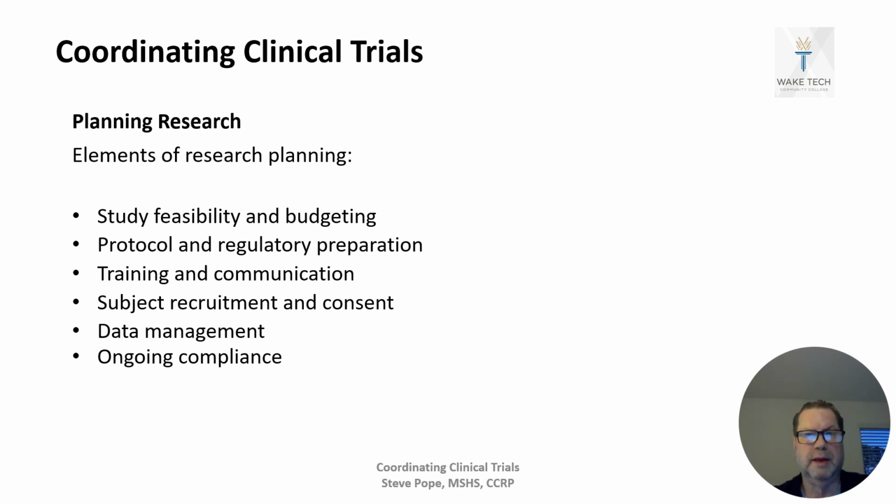You have plans for subject recruitment and consent, for the data management tasks you're going to be required to do, and for ongoing compliance. I'm going to go over each of these in a little more detail.